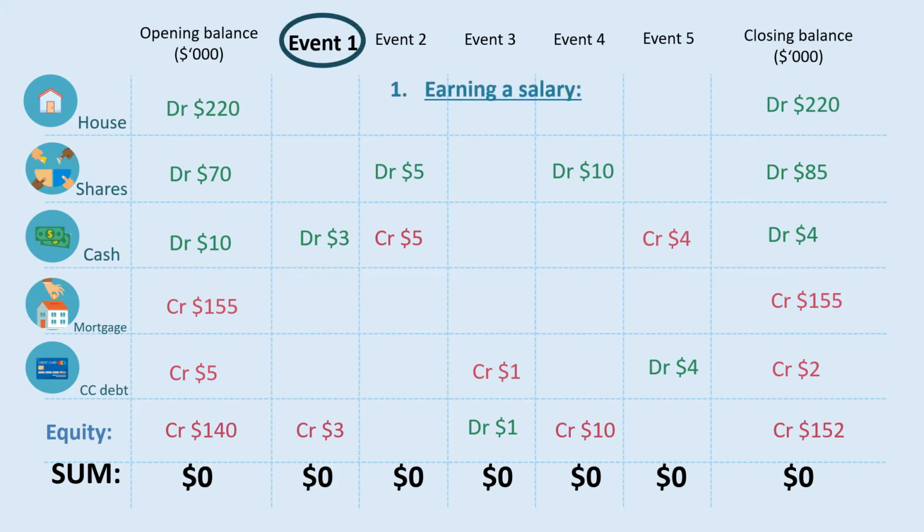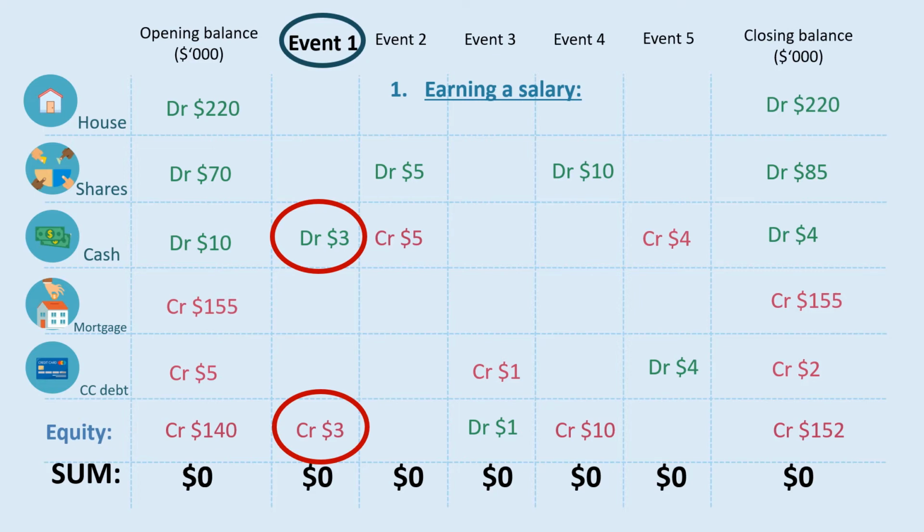John's cash increased by 3,000, and cash is an asset which goes up through a debit movement. And also, as John has earned the money, he has become richer, so his equity has increased by 3,000 as well. But because equity is initially a negative number, or a credit, it increases through a credit movement as well.